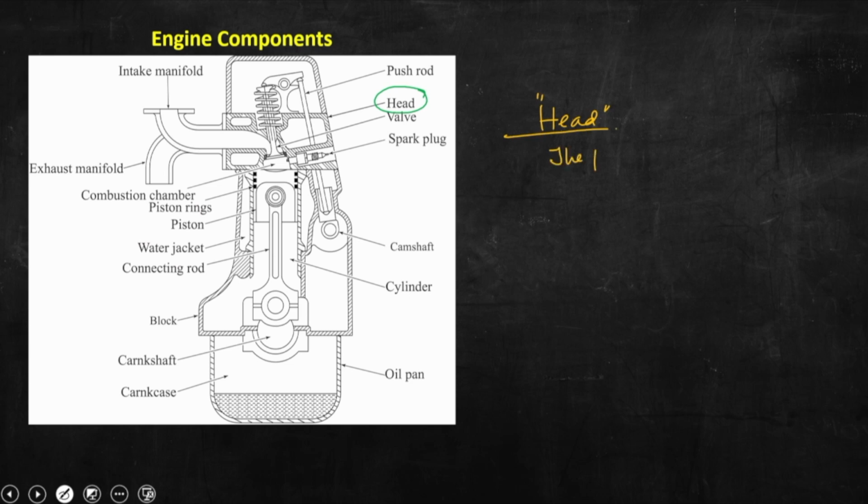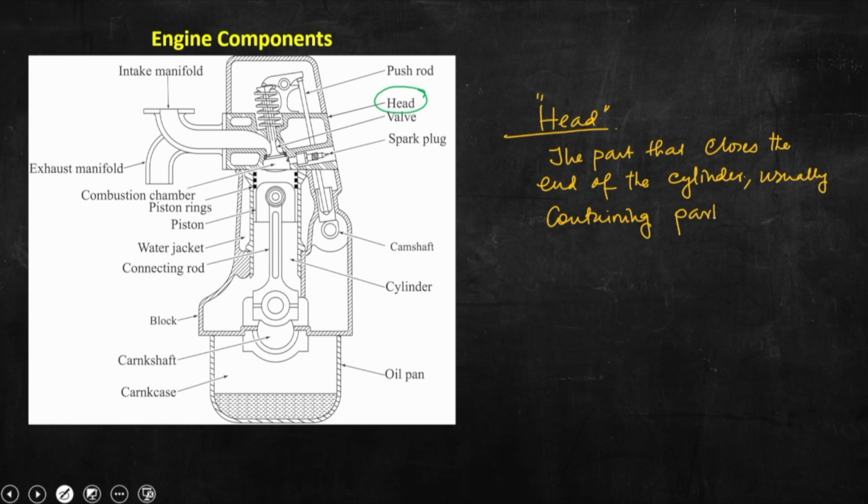right. This is the part that closes the end of the cylinder, usually containing part of the clearance volume of the combustion chamber.